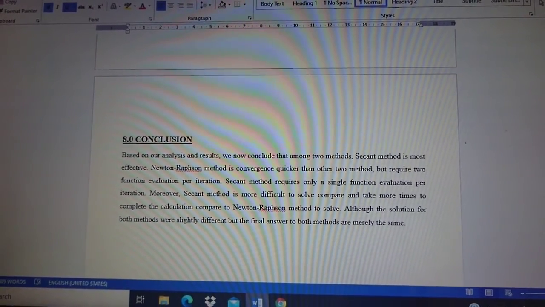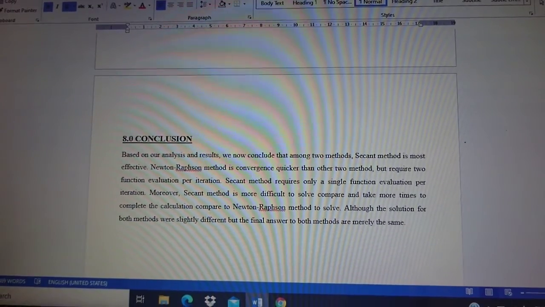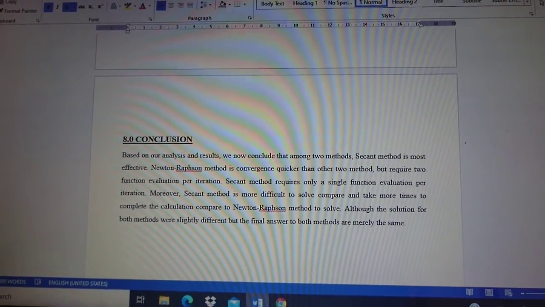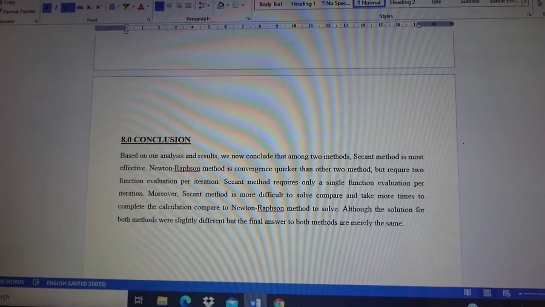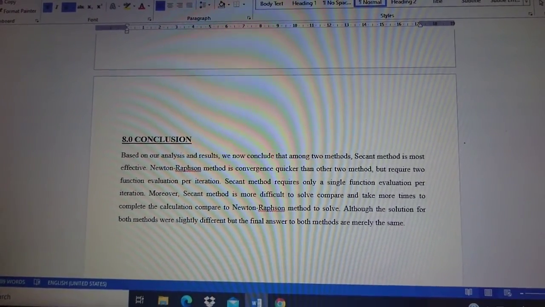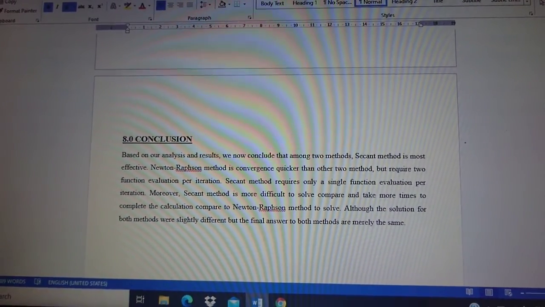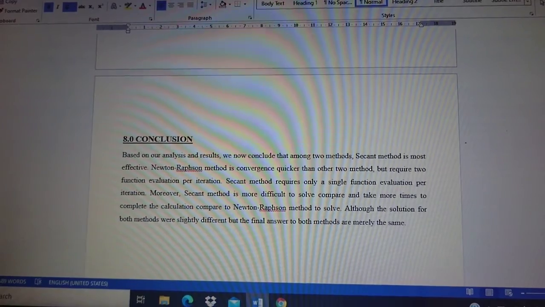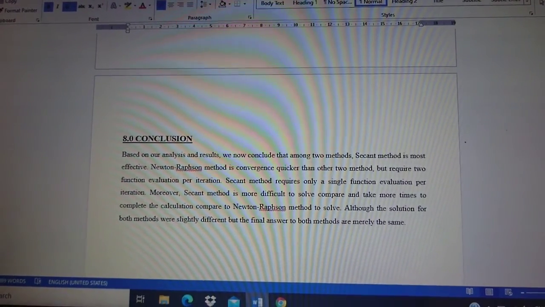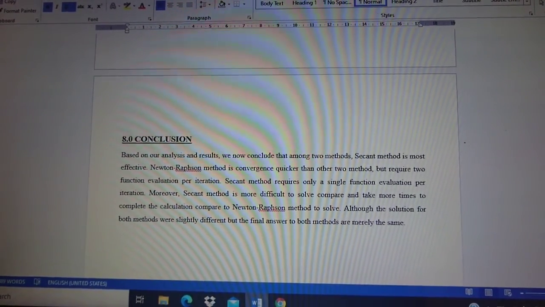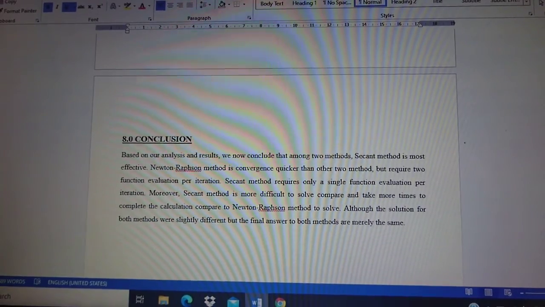The secant method requires only a single function evaluation per iteration. Moreover, the secant method is more difficult to solve and takes more time to complete the calculation compared to Newton-Raphson. Although the solutions for both methods are slightly different, the final answers for both methods are merely the same.